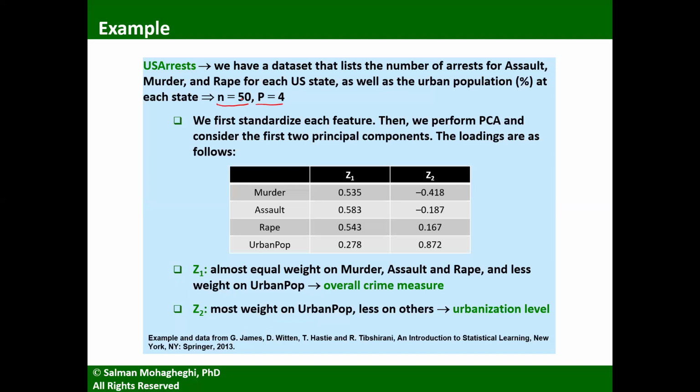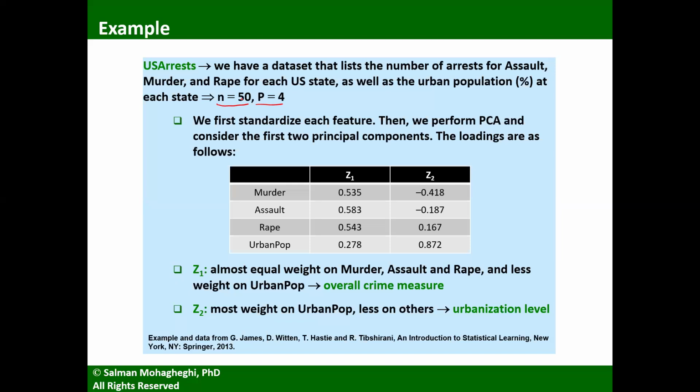What they did was standardize each of those values first so that they are more comparable. Then they performed PCA, and then they looked at the first two principal components. So from a four-dimensional data set, they went to a two-dimensional data set. These are the loading coefficients that they had.